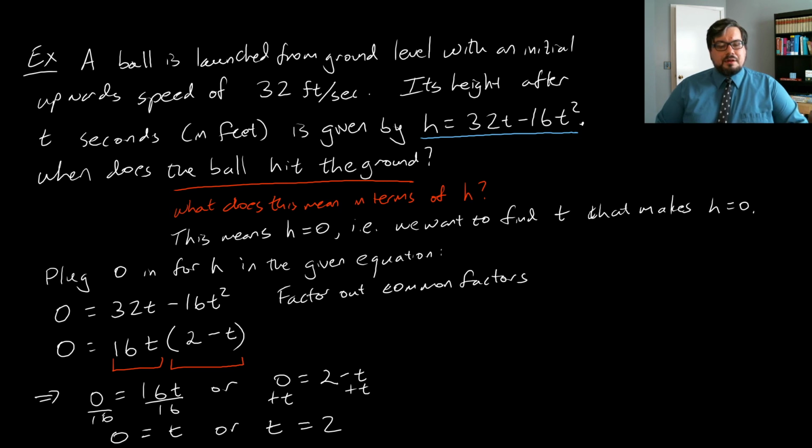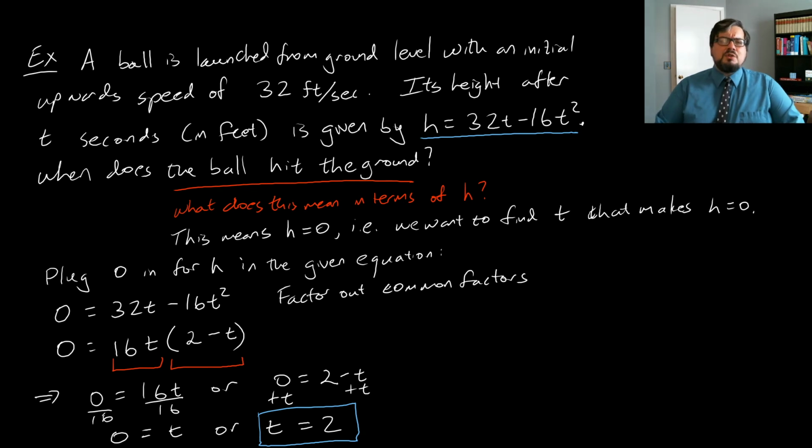So the t equals 2 answer is going to give us the full answer to our problem. This tells us that when t is 2, that is 2 seconds after the ball is launched, the ball's height is going to be 0 again, because that's a solution to the equation that we worked with. So it's going to take the ball 2 seconds to go up into the air and to come back down to have a height of 0.